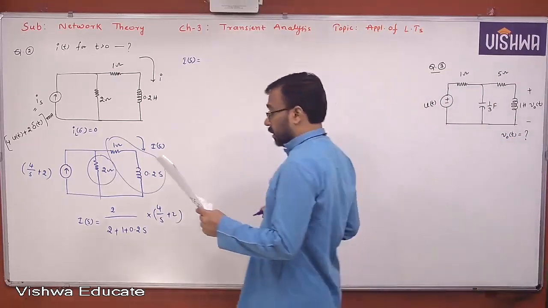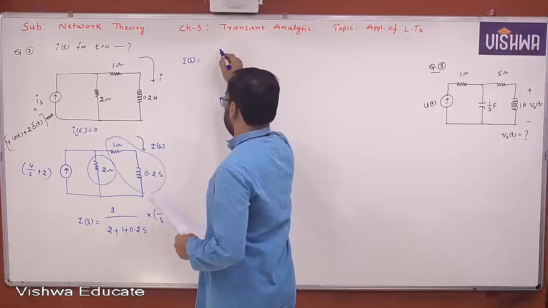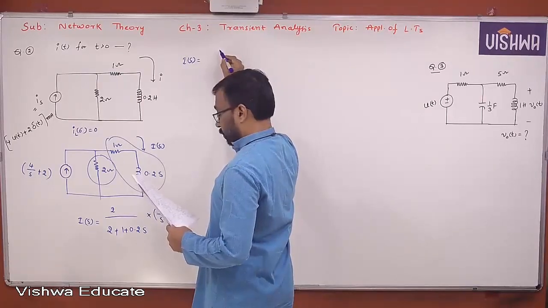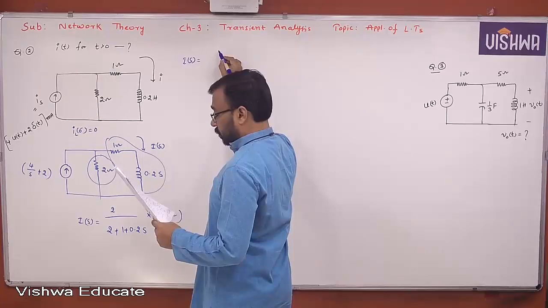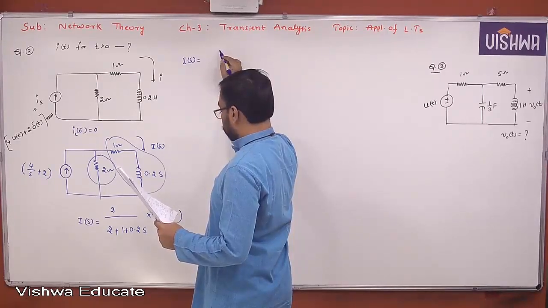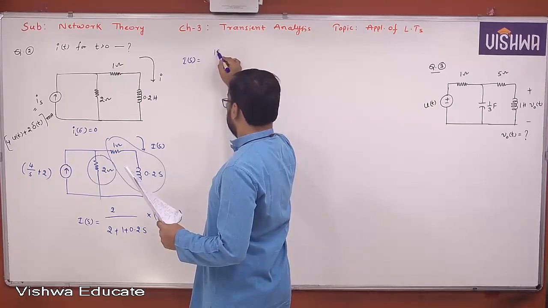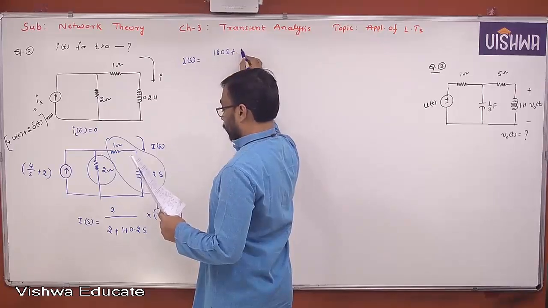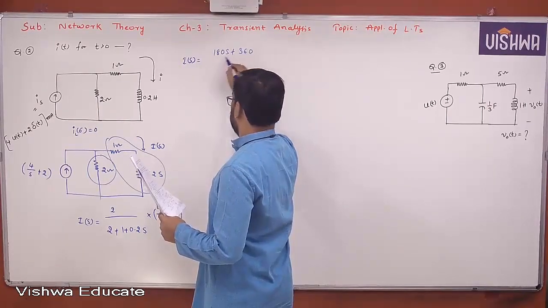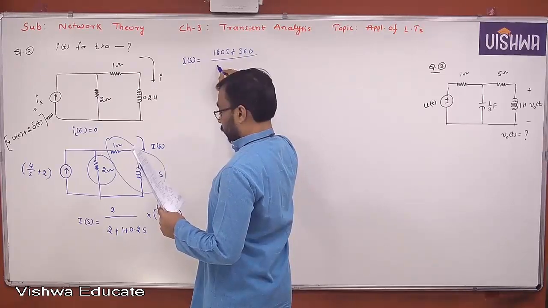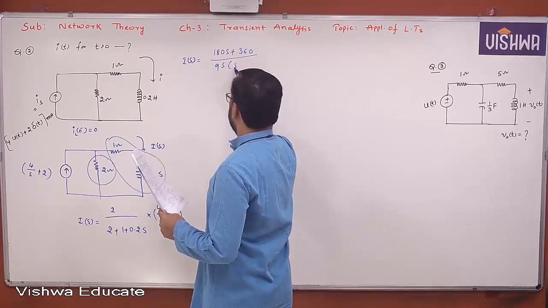This will become (180s plus 360) by 9s(s plus 15).